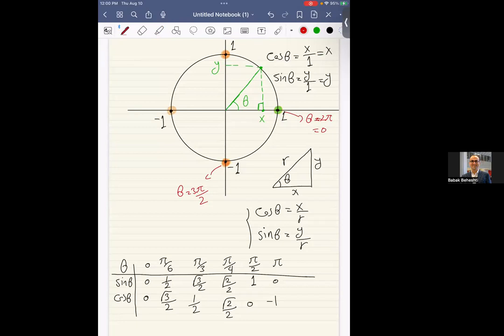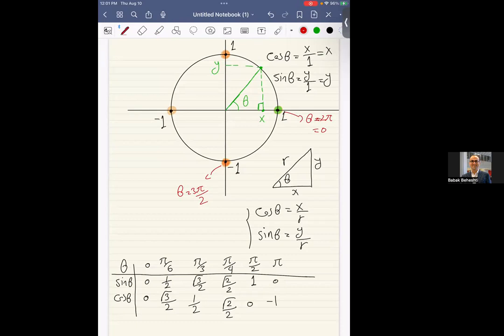Okay, so another thing, as I said, these are some angles that you should know. But what about some angles like 2 pi over 3, 3 pi over 4? So here I give you, so just think, what is the cosine of 2 pi over 3?